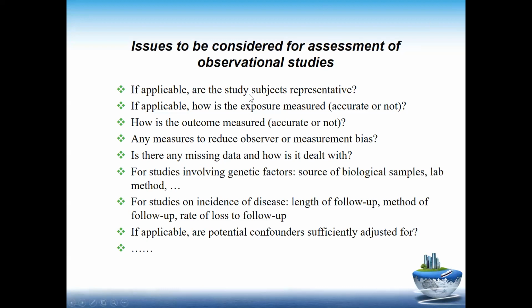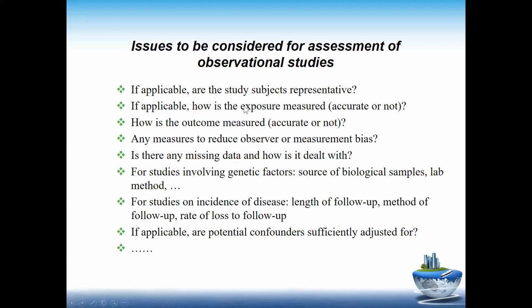Ask this question, and then examine the sampling procedure, the sampling method of the primary study, whether it's random sampling, right? If the study was based on clinical patients, whether the patients are consecutive patients or not, consecutive cases, okay? If not, there could be a problem.